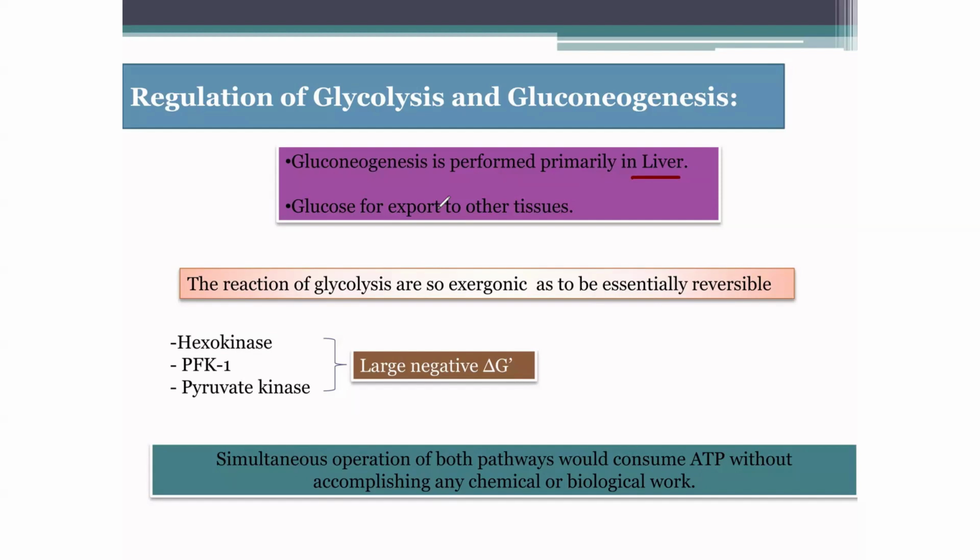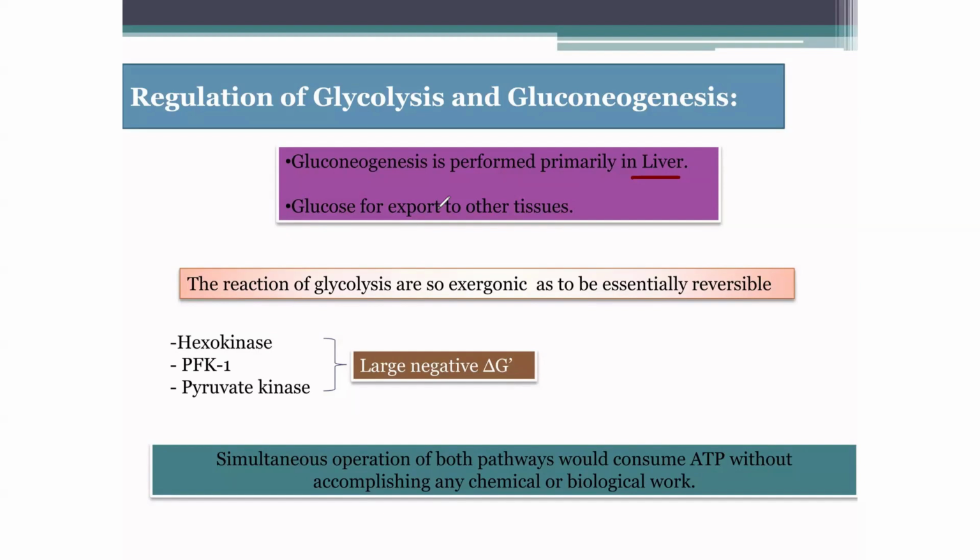You use something like alanine, an amino acid, or pyruvate. Using these molecules to generate glucose is called gluconeogenesis.